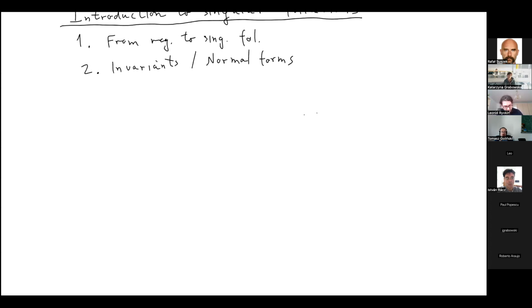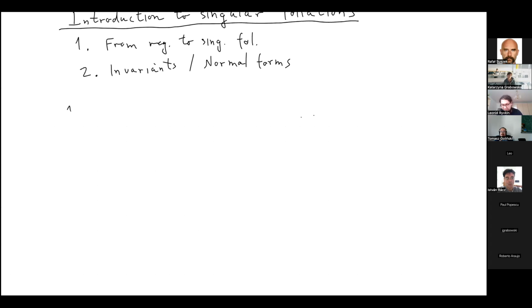Okay, so first of all, let us define regular foliations, and we'll do that in two ways, and only one of them is appropriate to be transferred to the singular world. So, definition of a geometric regular foliation.